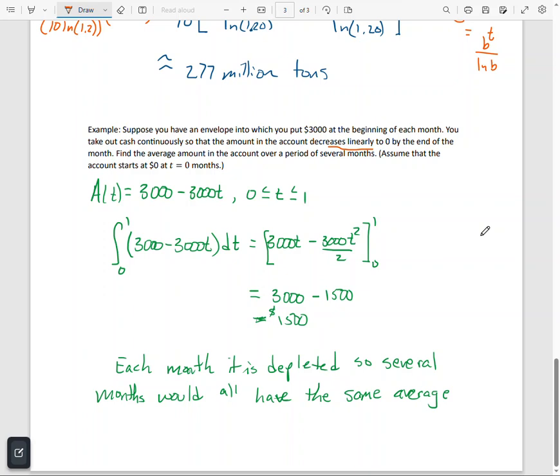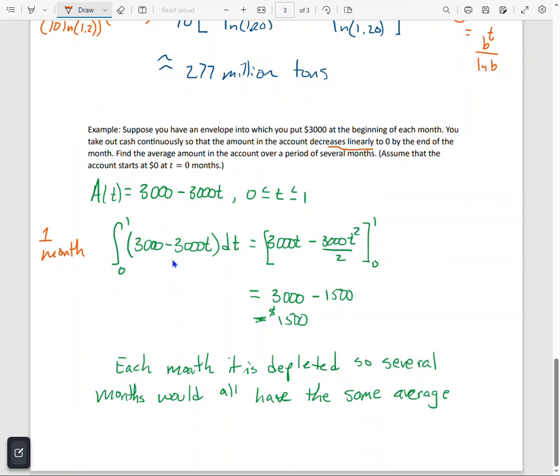Assume that the account starts at $0 at t equals 0 months. The amount that we have in the account decreases linearly. So for t values between 0 and 1, we'll take 3,000 to start, and we subtract out all 3,000 of that over time. We're just looking at 1 month.